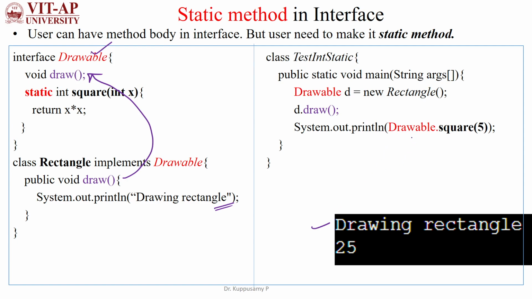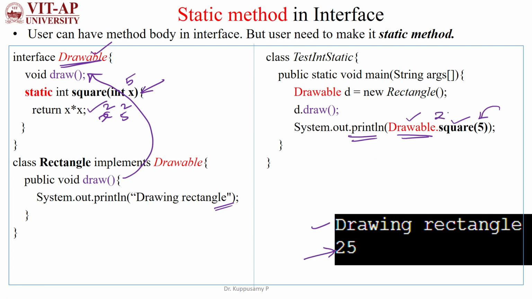Then you see I am calling the method square by passing the argument value 5, which is available in the drawable interface. So drawable interface is available here. Then I'm calling the method square, int x is here 5, we are passing, then which is returning x square, that is 5 square, that is 25, right, which is printing over here.